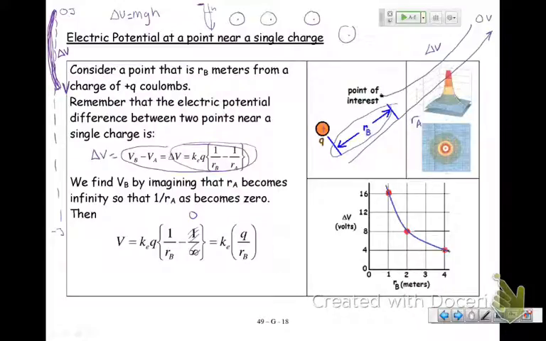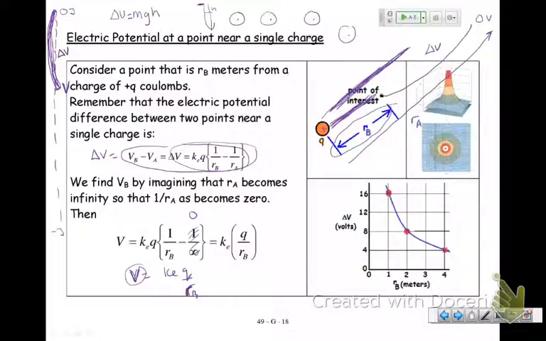So now look at this. V is equal to KEQ over RB. If I double my distance from the mother charge, what do I do to my voltage? I halve it, don't I? If I triple my distance to the mother charge, what do I do to my voltage? If I make this 3 times bigger, what happens to this side?